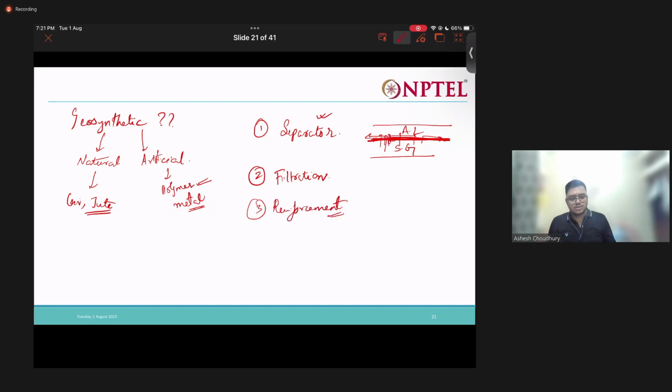reinforcement, right? So we saw that structures such as reinforced earth structures can be constructed with the help of geosynthetic material, be it geogrid or geotextile.